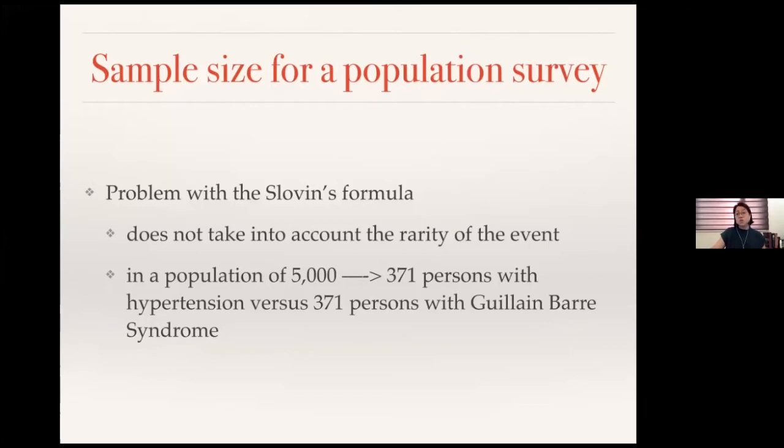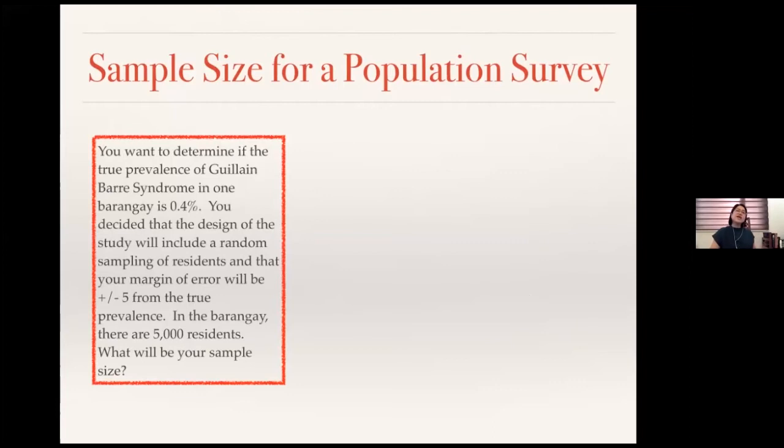So what's the solution for this? Okay, so here we go. For example, I'm going to teach you now how to compute for a population survey. So let's say, spinning off from the Guillain-Barré syndrome, you want to determine if the true prevalence of Guillain-Barré syndrome is 0.4%.